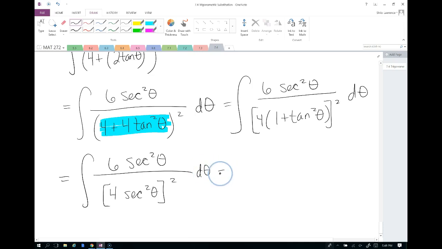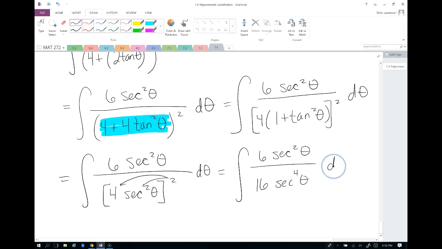Now squaring that expression in the bottom is much easier. Now that we've gotten rid of the addition, we can just distribute the square to each piece. So now I've got 6 secant squared theta over 16 secant to the 4th theta. And a bunch of those secants will cancel.